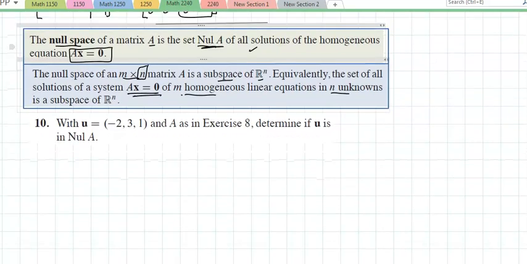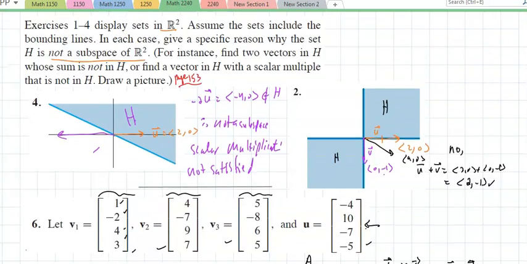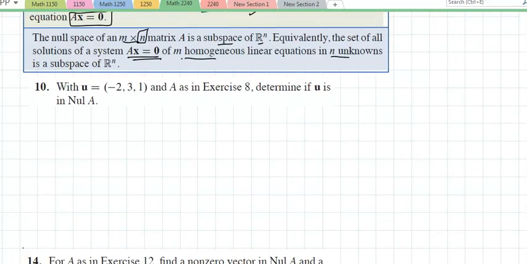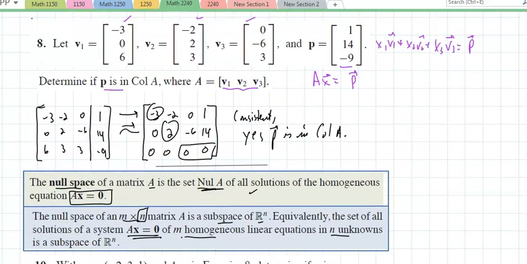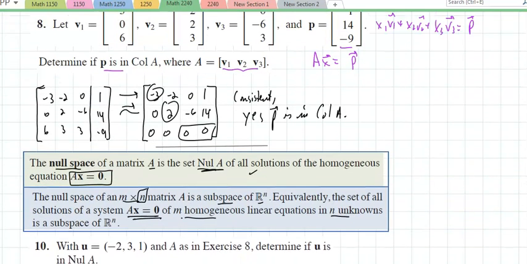If I look at this problem, number 10, it says, did I give you a page number? Yeah, 153. So if I look at number 10, it says, with U equaling negative 2, 3, 1, and A as in exercise 8. So there it is.